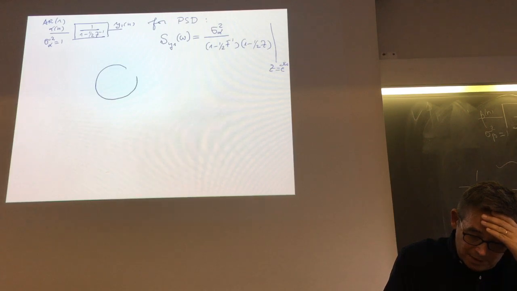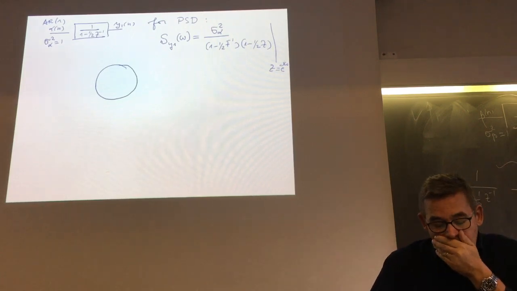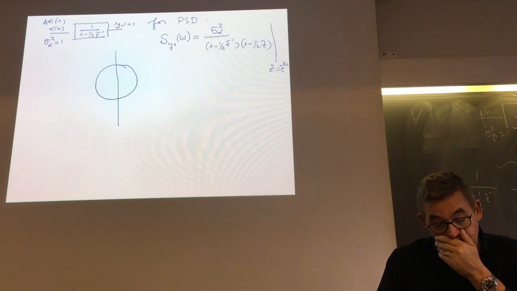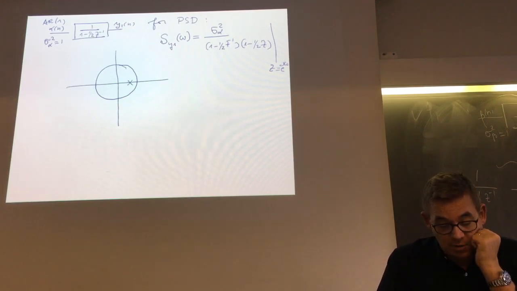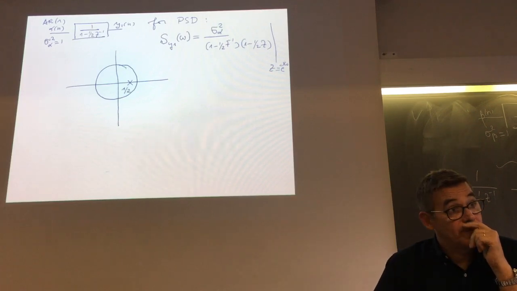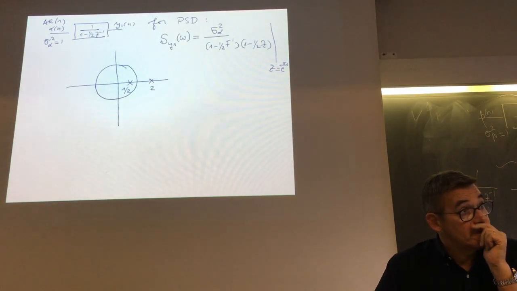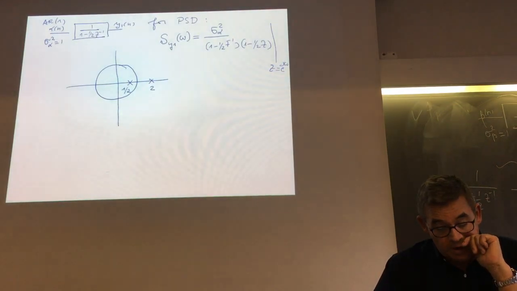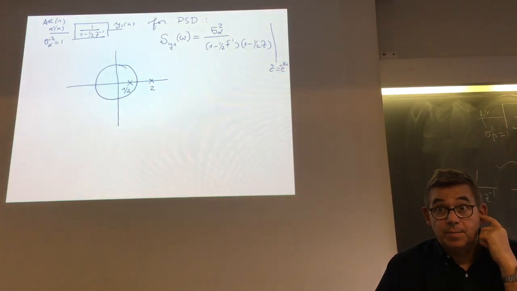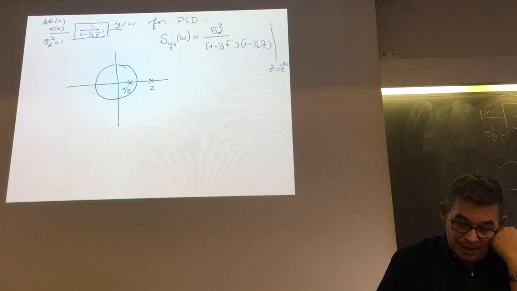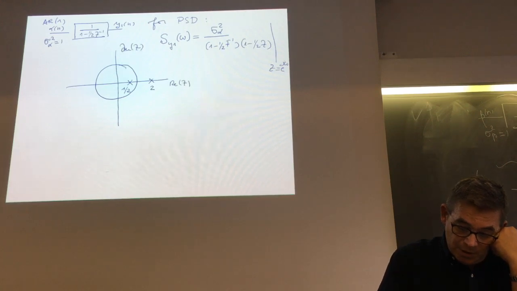In the z transform, the leading pole is here in 1 half, and I have another pole here in 2. So if I want to get the power spectral density, this is the real part of Z, this is the imaginary part of Z.